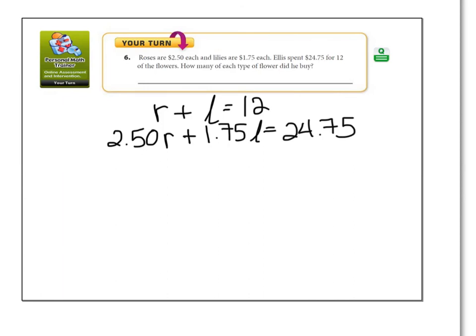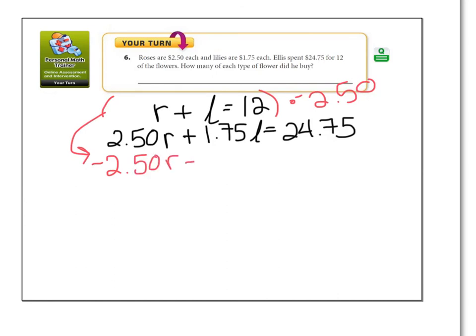Well, in order to solve this, we need to multiply to make a pair of opposites. So you can either multiply the roses or the lilies. I'm going to go ahead and multiply the roses to make them match. So times $2.50. But because they're both positive, I need to multiply it by negative 250. So I'm going to write that one right below. So r times negative 250 is negative 250r.